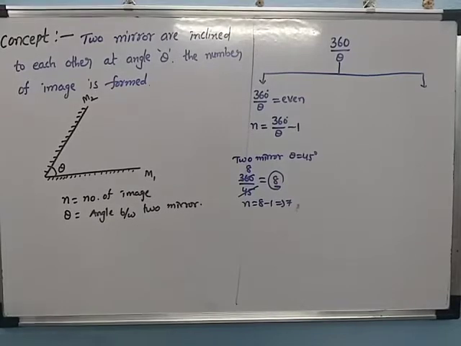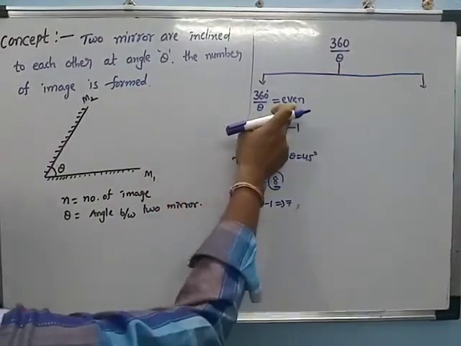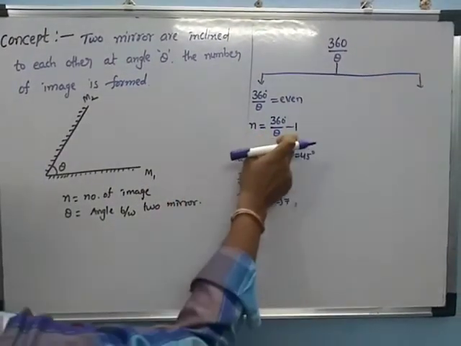So that's why we say that when 360 by theta is an even number, the total number of images is less by 1.